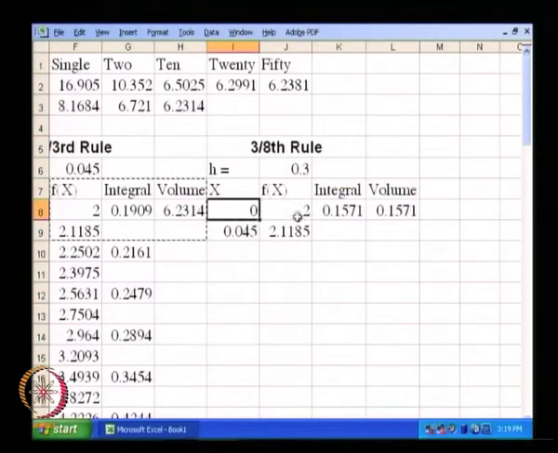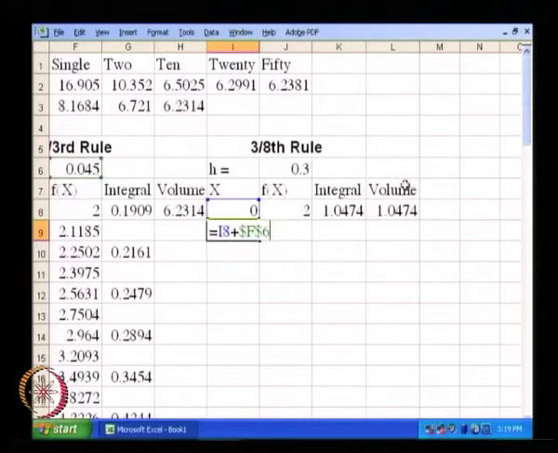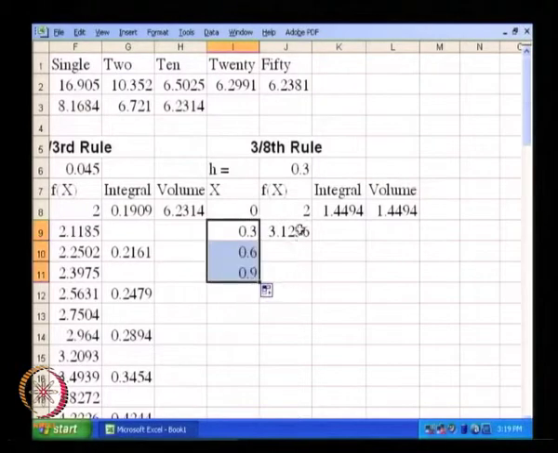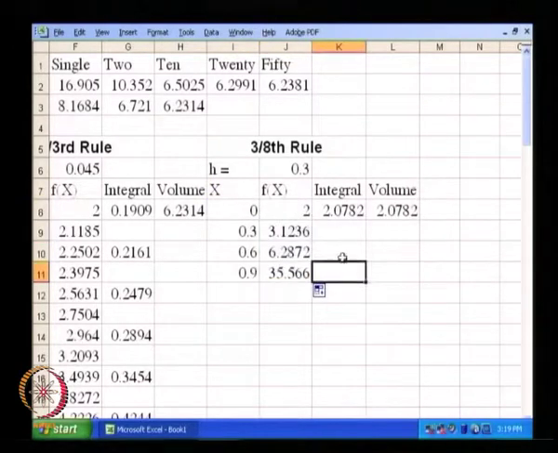Okay. And integral has to be equal to the h that we use is going to be here. So, x will be x0 plus this h, and we will just drag this over here, f2, this is correct, we will just drag this.